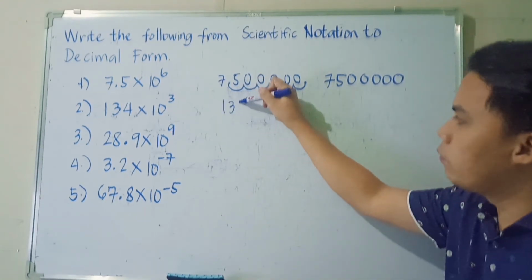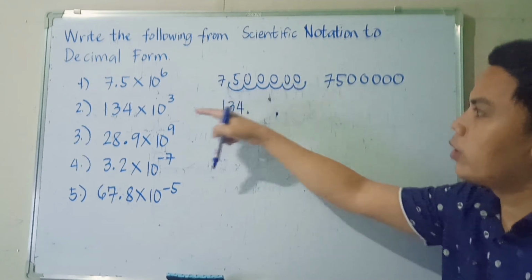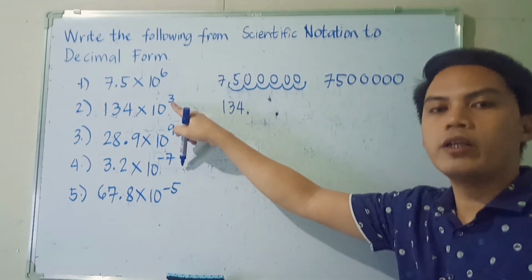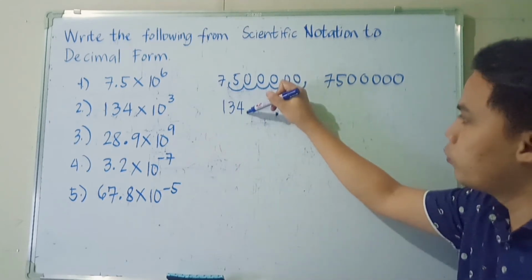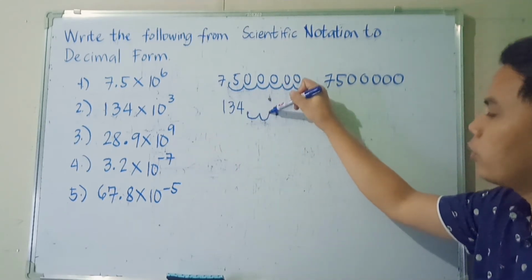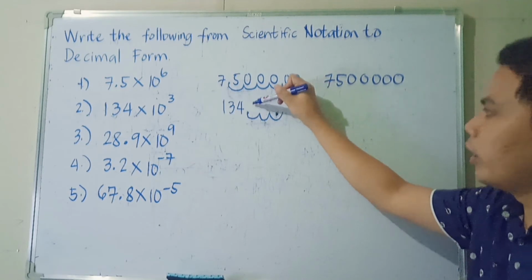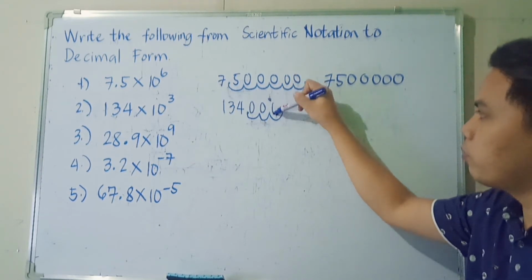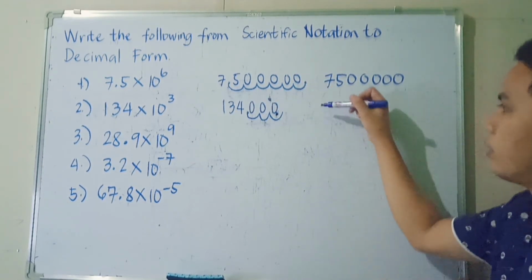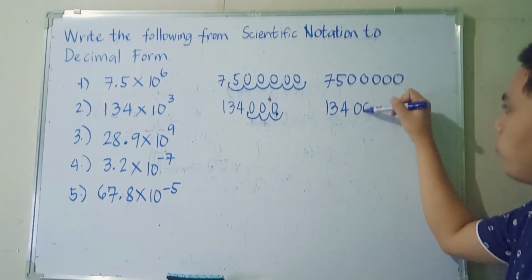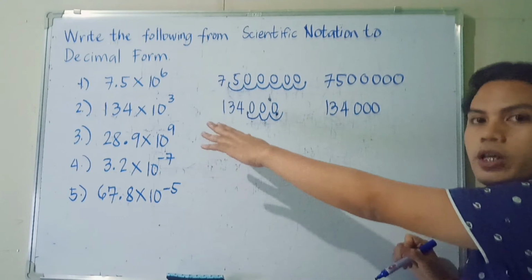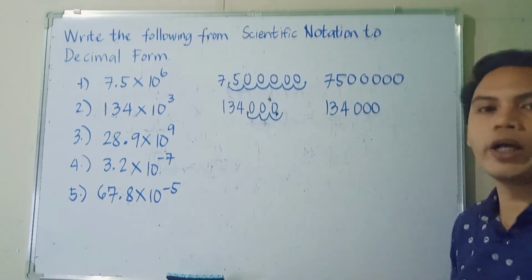So, since positive yung exponent na binigay, so we're going to move from left to right. Okay, we're going to move 3 decimal places. 1, 2, and 3. And lalagyan ulit natin ng zeros yung mga spaces. Okay, so yung original number pala or yung decimal form ng given scientific notation sa number 2 would be equal to 134,000.